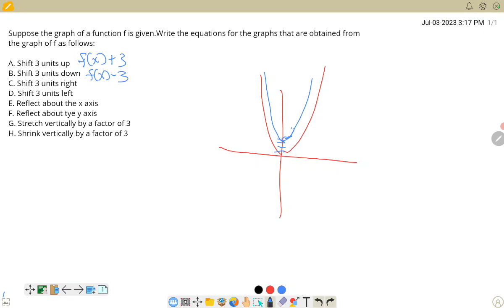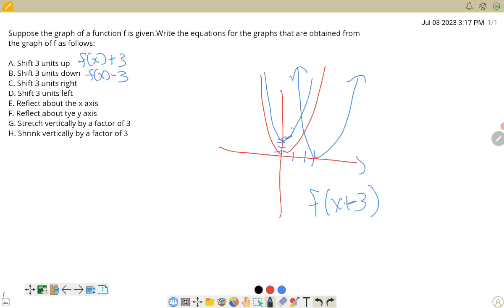If we want to shift to the right, however, say we wanted to put this over here, how would we do that? Well, it seems like we can't use f of x plus 3 or f of x minus 3, but it seems like we might do f of x plus 3 as an example.